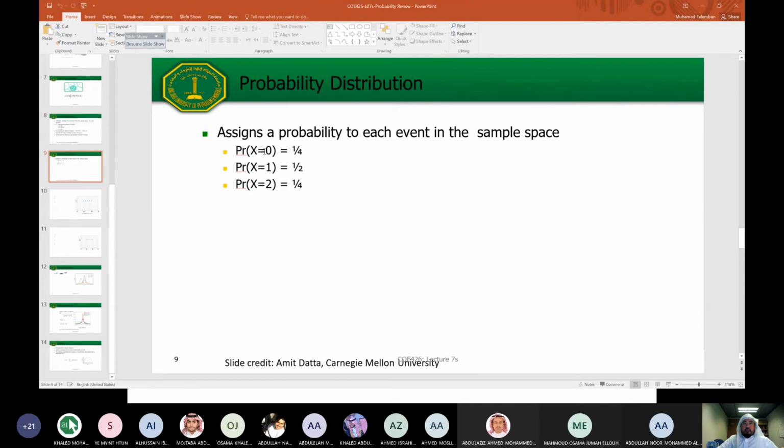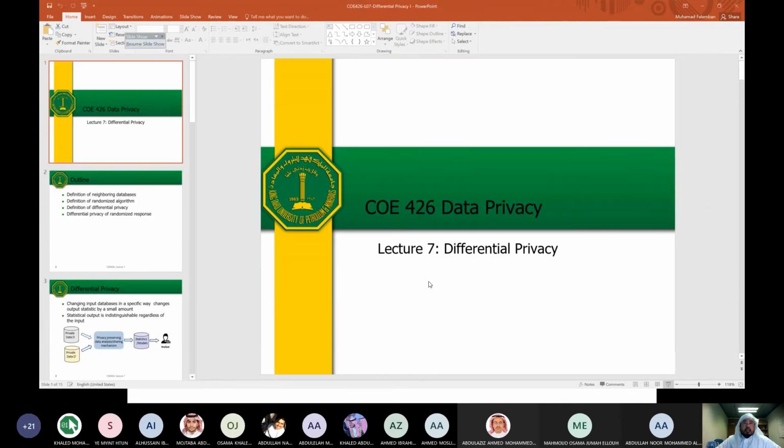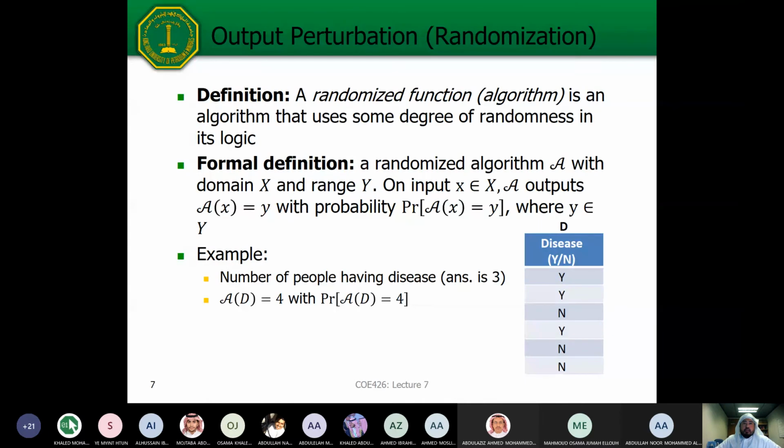And then for every value of the random variable, we assign a probability. The probability of X equals 0 is 1 over 4, and the probability of X equals 1 is 1 over 2, because we created these samples and assigned the probability. Now, let's project it back here. Assume that A(D) equal to 4 is a random variable. Definitely it has some probability.